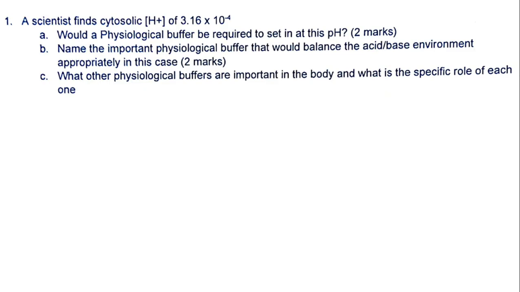Acidic and also basic, right? So here they say 3.16 times 10 negative 4. We'll find the pH. We have been given the H+ concentration, 3.16 times 10 to the power negative 4. So how can you find the pH? There they say a buffer.